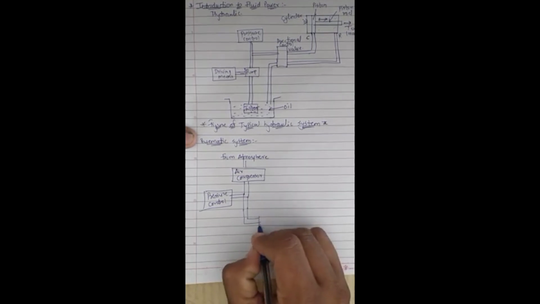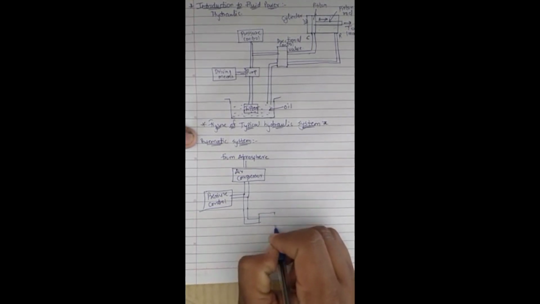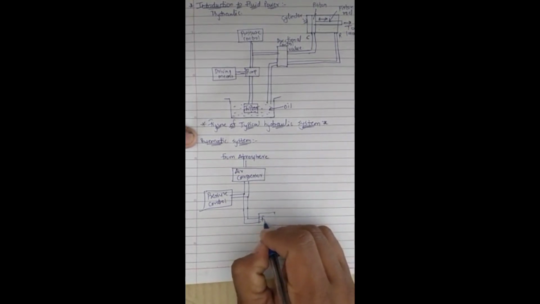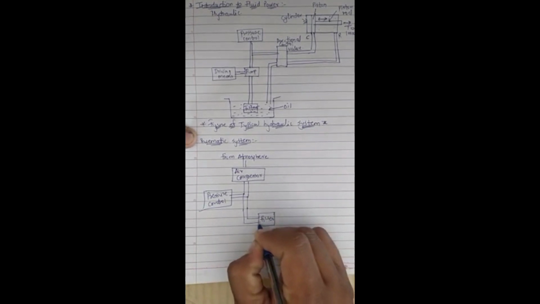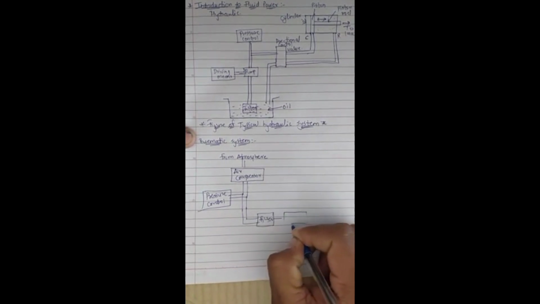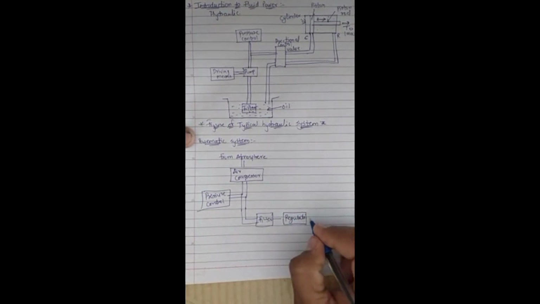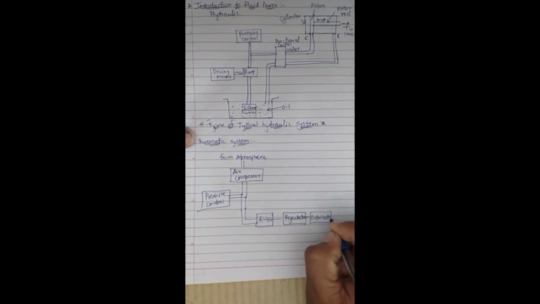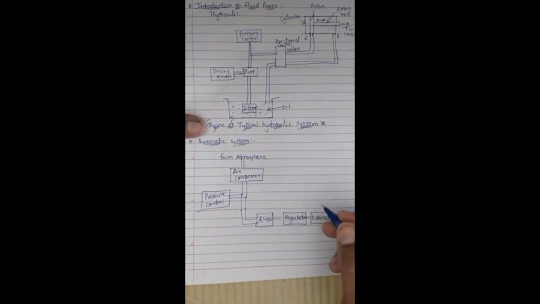Then there is a filter. Then there is a regulator. Then there is a lubricant, lubrication or lubricator. Then there is a direction control.